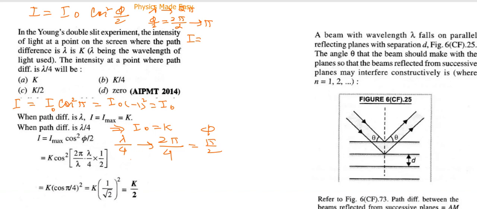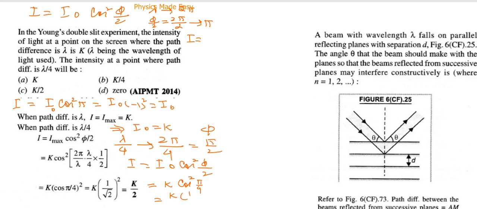Now I shall be applying again I is equal to I naught cos square phi by 2. I have just proved that I naught is equal to K. It means this is K. I have replaced I naught by K. Cos square phi by 2, now phi is pi by 2, phi by 2 is pi by 4.